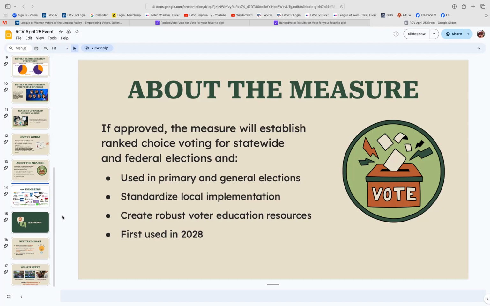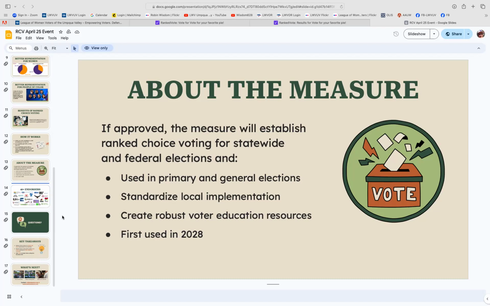Another really cool thing about the measure is that it will help to standardize the way that local jurisdictions here in Oregon are implementing ranked choice voting. So like I mentioned, there are already 4 different places here in Oregon that have decided to adopt ranked choice voting. So although there are best practices nationally about how to implement ranked choice voting, in Oregon, they are still having to learn how to do that voter education, learn how to do that implementation.